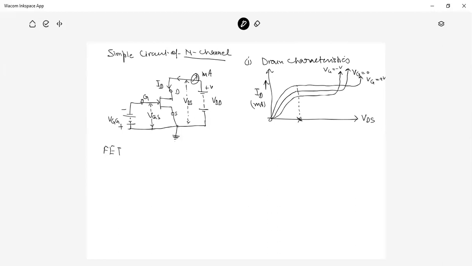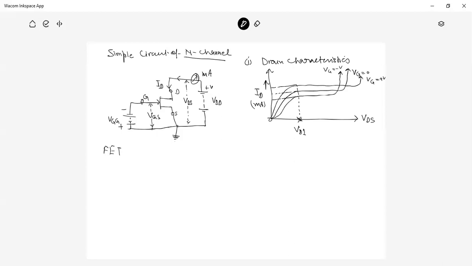So what we find at this particular VD1, at this particular voltage, there are 3 currents which depend upon the value of VG.